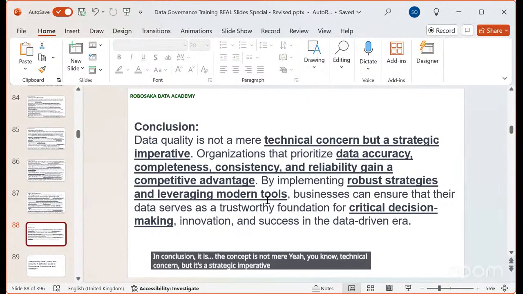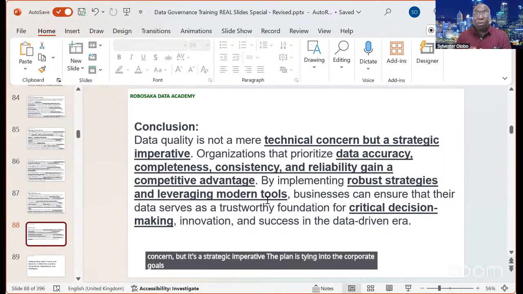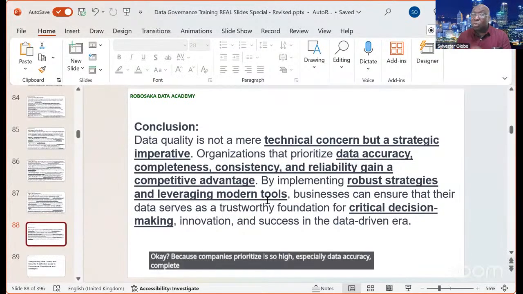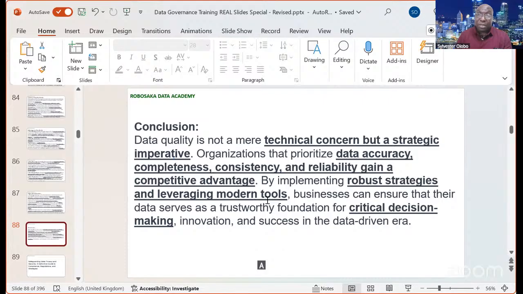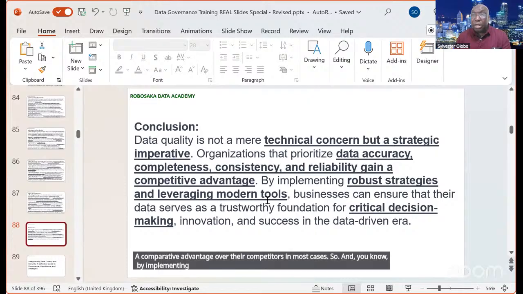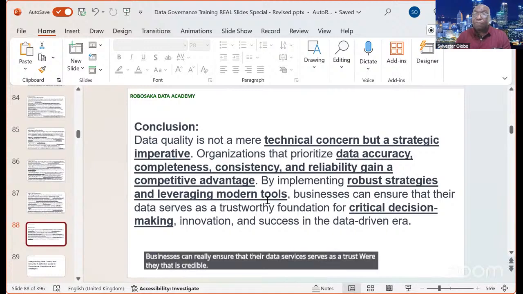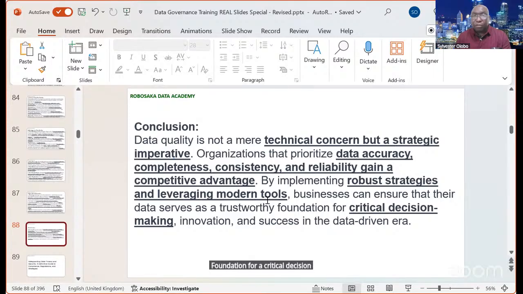The plan is tied into the corporate goals and objectives of every enterprise, because companies prioritize data accuracy, completeness, consistency, and reliability highly, gaining a comparative advantage over their competitors. By implementing well-renowned, robust strategies and leveraging modern tools, which are software, businesses can ensure their data serves as a trustworthy, credible foundation for critical decision-making, innovation, and success in the data-driven world we are in today.